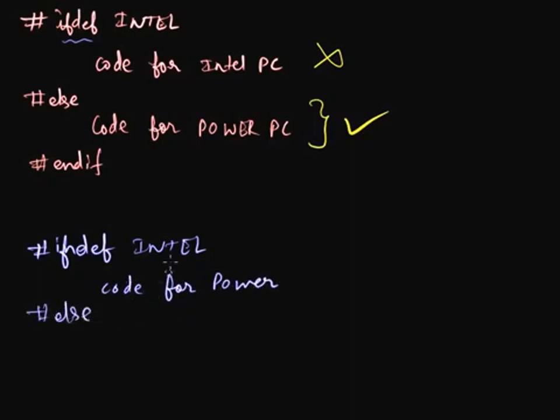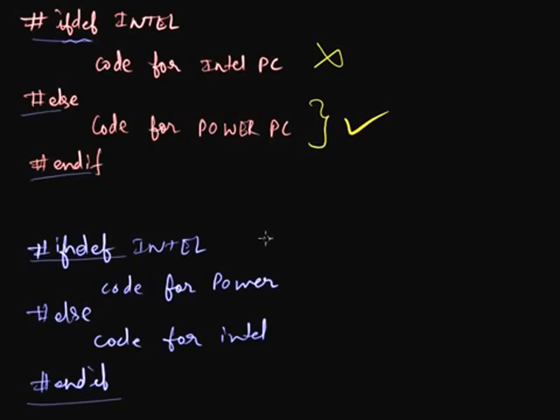That means if Intel is defined, the code for Intel, and we #endif. These hashes specify that these are preprocessor directives, right? The n means not. If Intel is not defined, the code for power PC will be expanded.